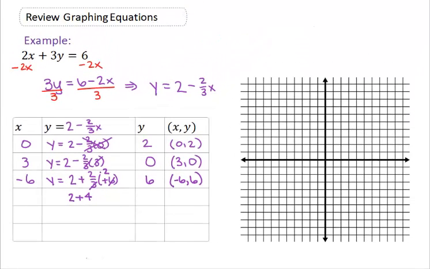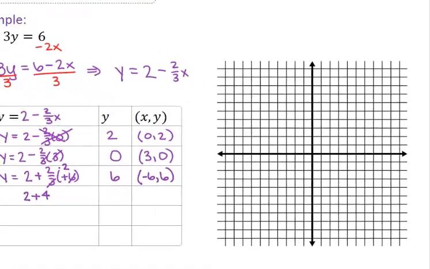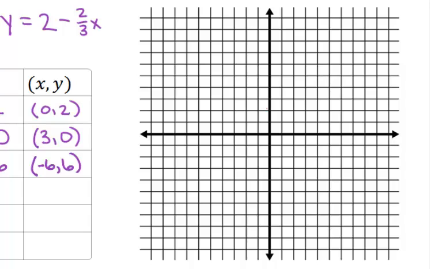So let's go ahead and plot these points and see if that's enough to give us the graph of this equation. My y-intercept is at 2. My x-intercept is at 3. And then I have another ordered pair of negative 6, positive 6, and that point is up here.